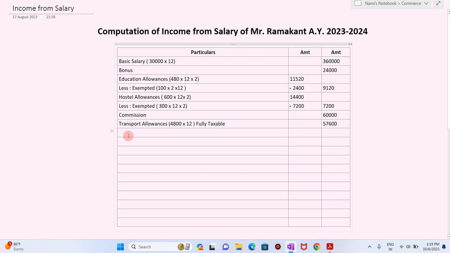So write tiffin allowances 1200 multiplied by 12, and it is fully taxable. Write the value in outer column. 1200 multiplied by 12, we get 14,400.